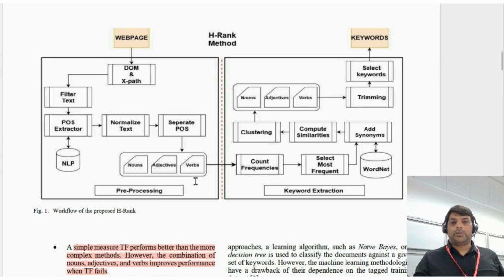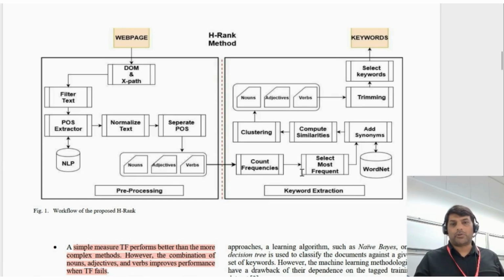Then we input all these lists of words to the keyword extraction portion, where we count the frequency of the words individually. Then we input those frequencies to the most frequent step, because we trim out the words having low frequency, one or two.